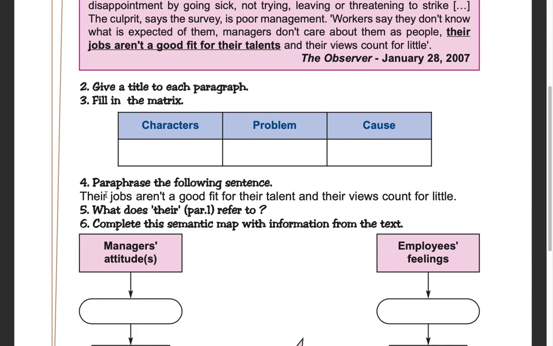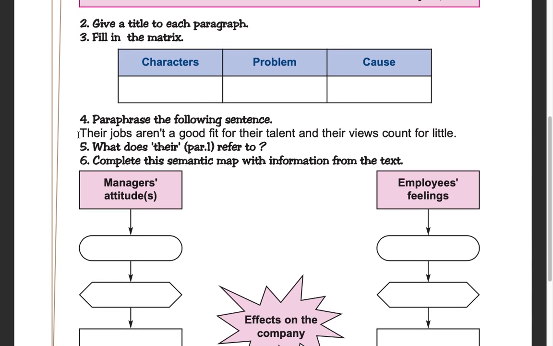Paraphrase the following sentence: their jobs aren't a good fit for them. To be fit for something, imagine you wear a suit or some piece of clothing that does not look good on you. Someone tells you that it doesn't fit you. So to fit something is to be good for it, to be suited to that thing.